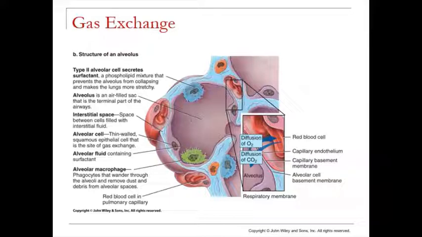I want you to know, what do your type 2 alveolar cells make? Turns out your type 2 alveolar cells make surfactant. So it's really these cells that are helping to make your alveoli and your lungs flexible to expand when you breathe. They're helping with that flexibility. How? By making that chemical surfactant.